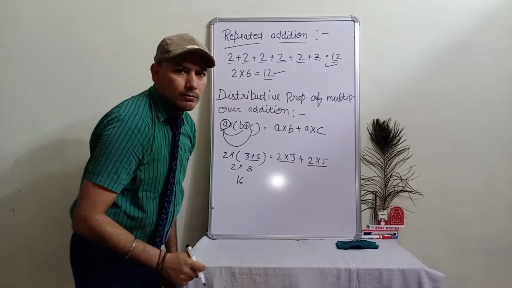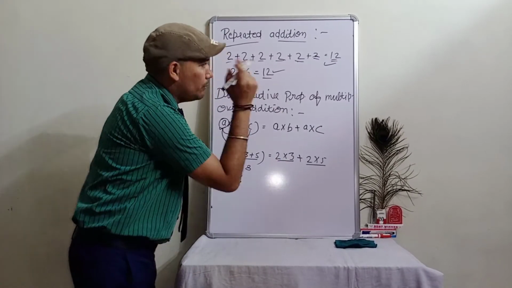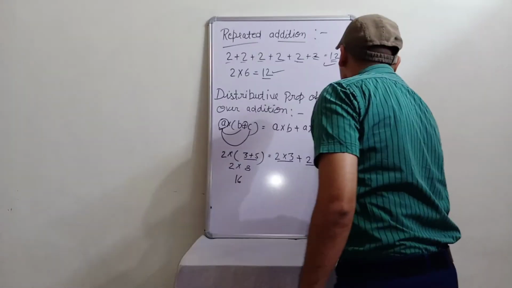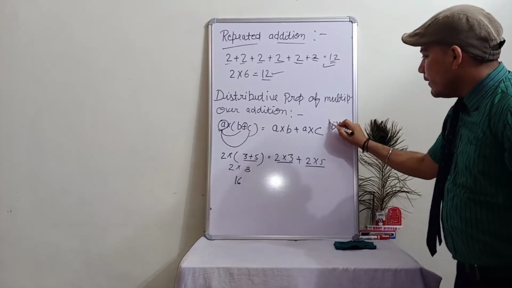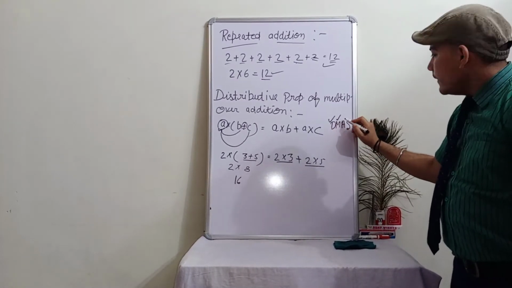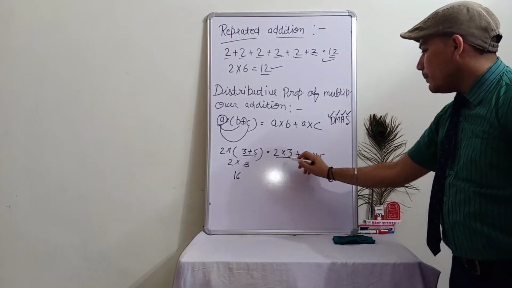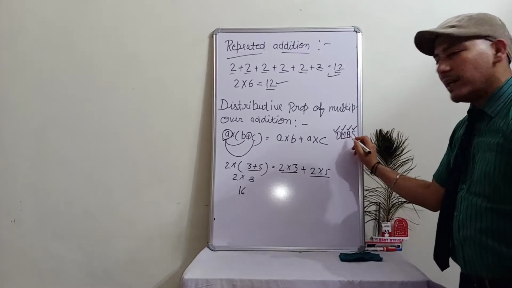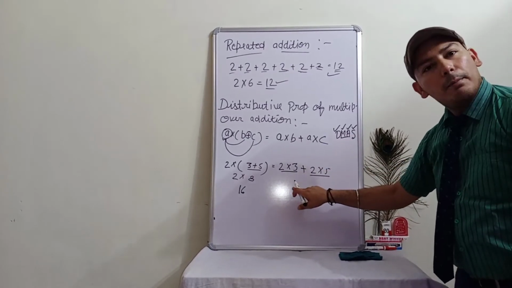Multiply or add? First we will multiply, because what is the rule? DMAS. First we will divide, then multiply, then add, and then subtract. So here is a multiplication and addition. What will come first? Multiplication.